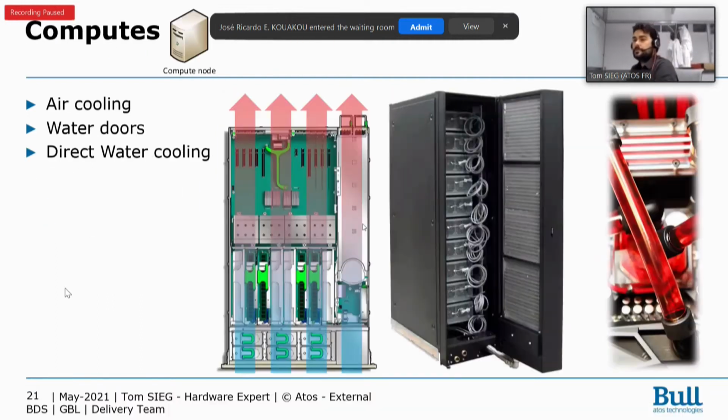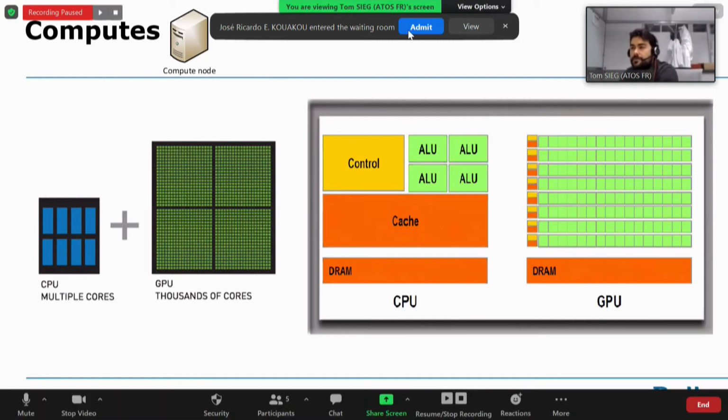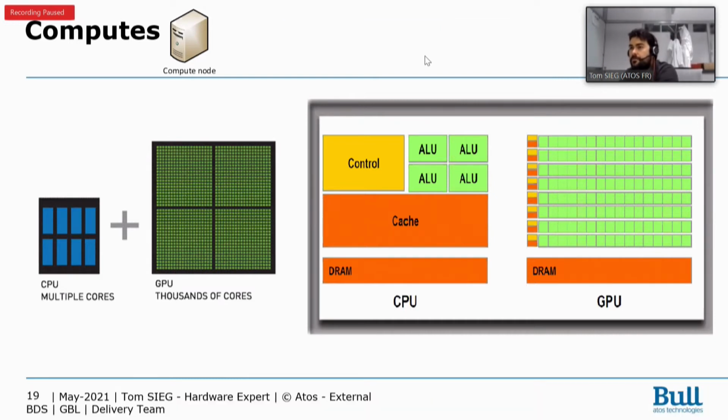So, going back, in fact, the big difference between CPU and GPU is the action able by each one.